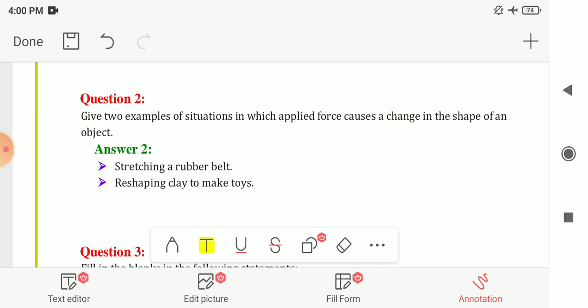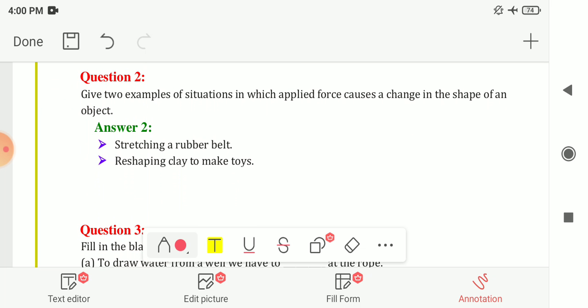Now the next question is, give two examples of situations in which applied force causes a change in the shape of an object. When the force changes the shape of the object, we have to write that kind of example. The first one is stretching a rubber band.